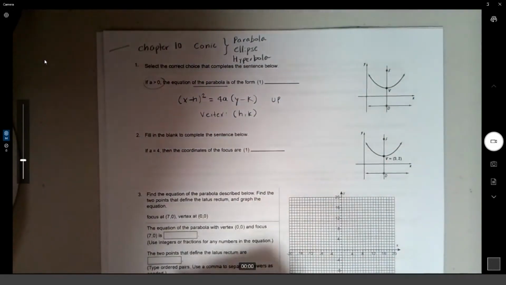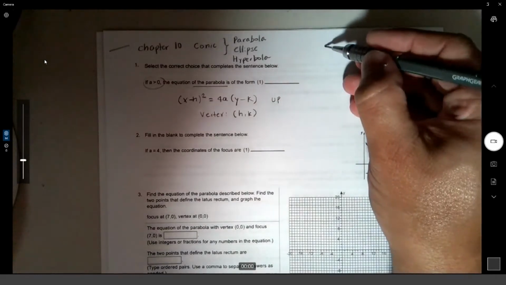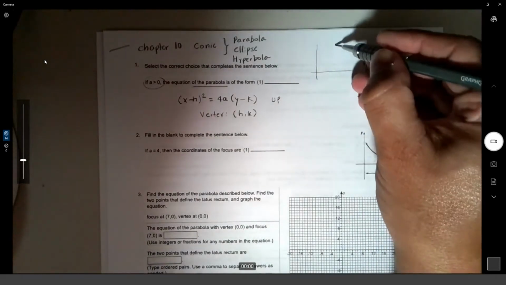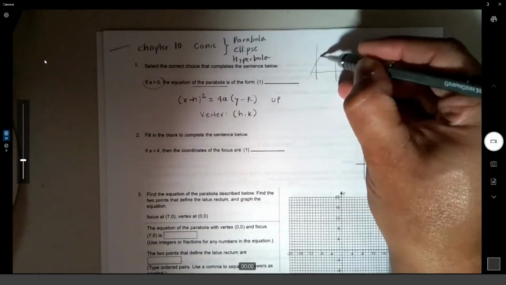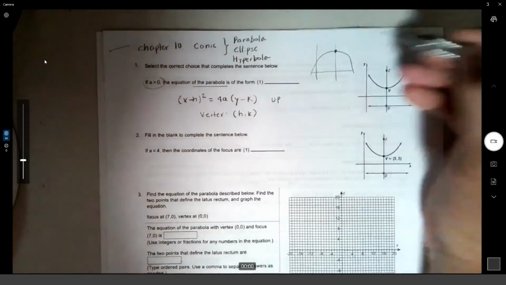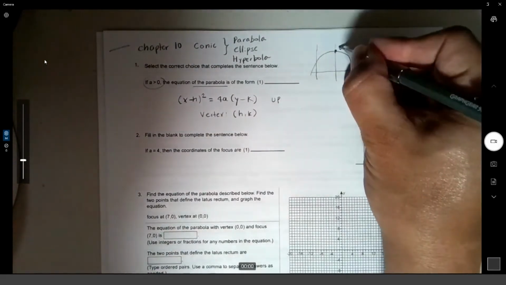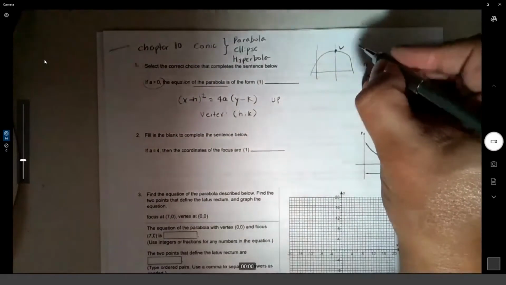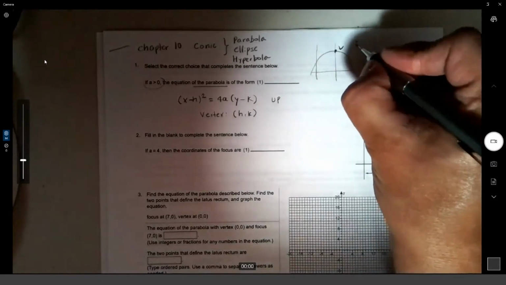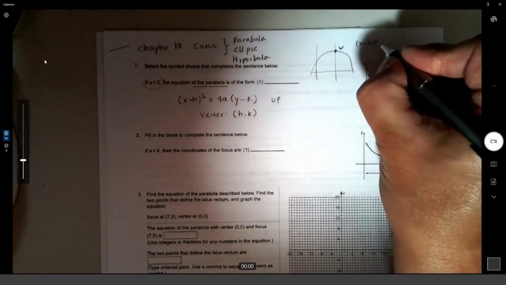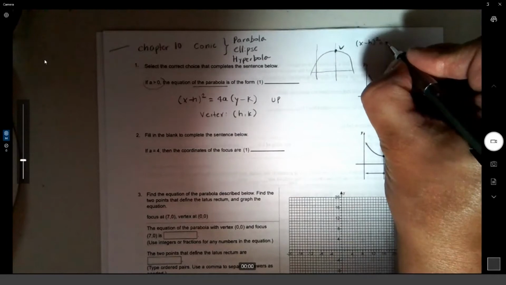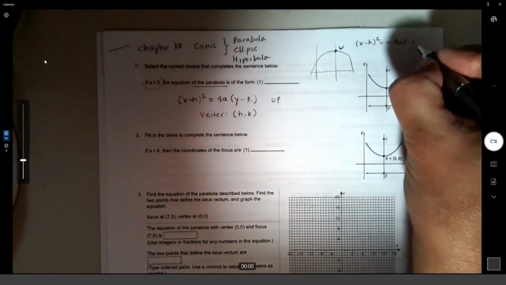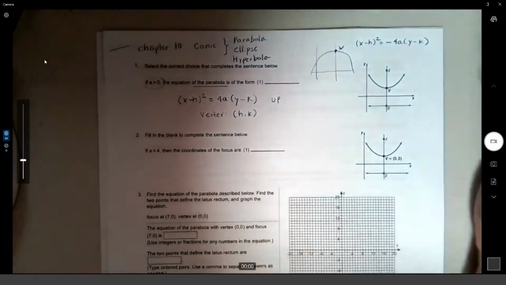Okay. Now, for example, let's say that on your exam, you have a situation where the parabola is opening down. Okay, and this will be the vertex. So in that particular case, we're looking at a parabola of the form (x minus h) quantity squared equals negative 4a (y minus k).